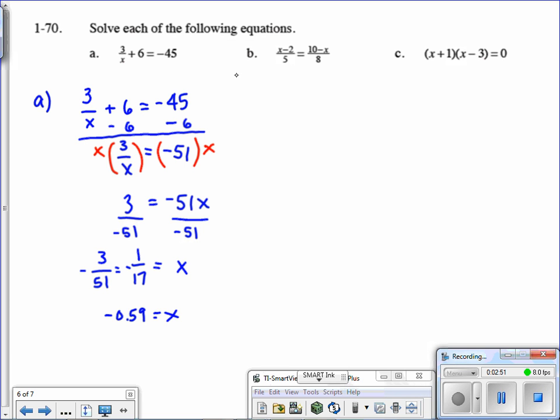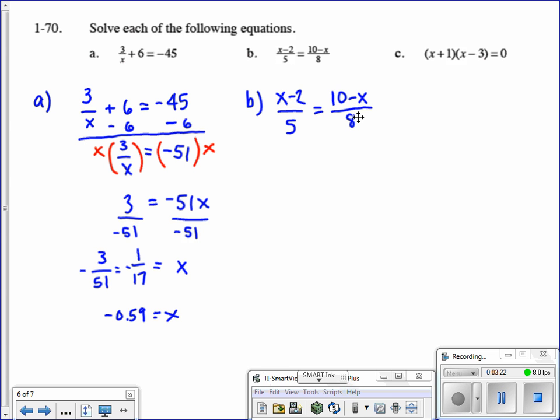All right, problem B. We have the quantity of x minus 2 over 5, and we're saying that that equals 10 minus x over 8. So we've got a fraction equals another fraction, which is like a ratio equaling a ratio, which is a proportion.